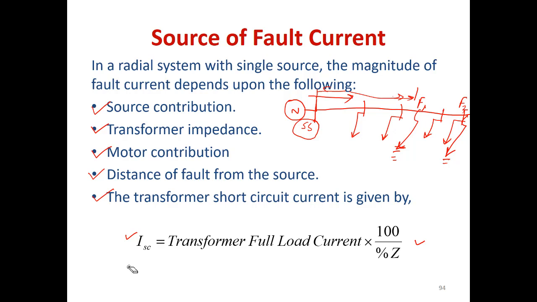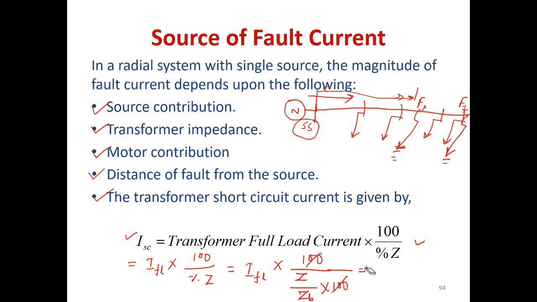So the transformer full load current, let it be IFL, times 100 by percentage Z, I can write as IFL times 100 by (Z actual by Z base into 100), that is, the percentage Z. Now the 100 will cancel out, and we get IFL into ZB by Z. IFL is the full load current, that means it is the rated current, right?